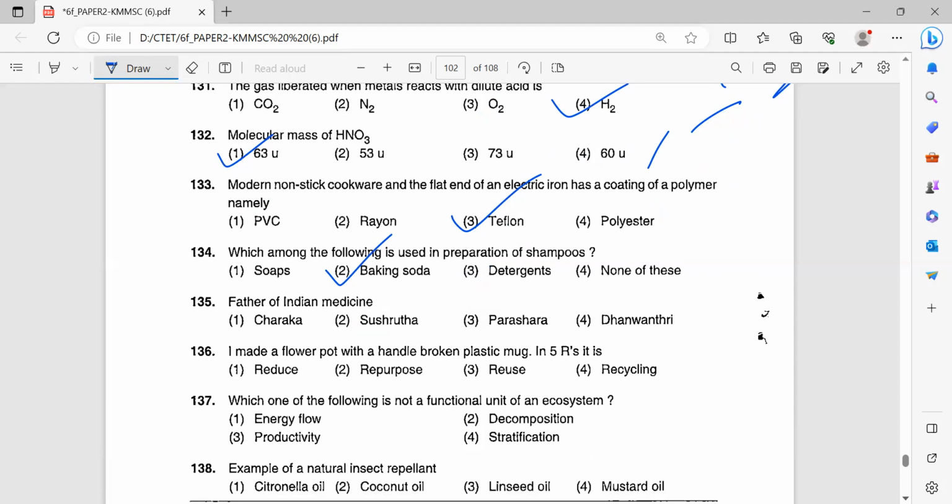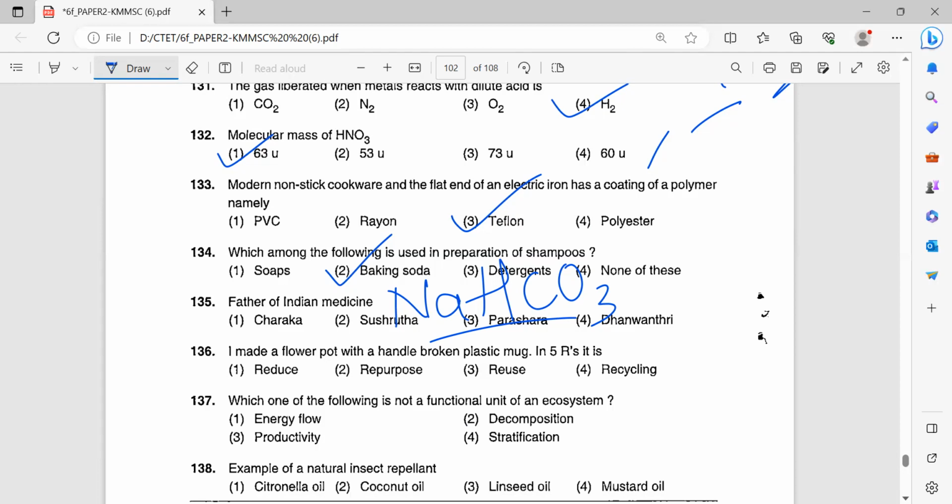The formula of baking soda is NaHCO3, sodium bicarbonate. Baking soda formula NaHCO3. It is also called sodium bicarbonate or sodium hydrogen carbonate.